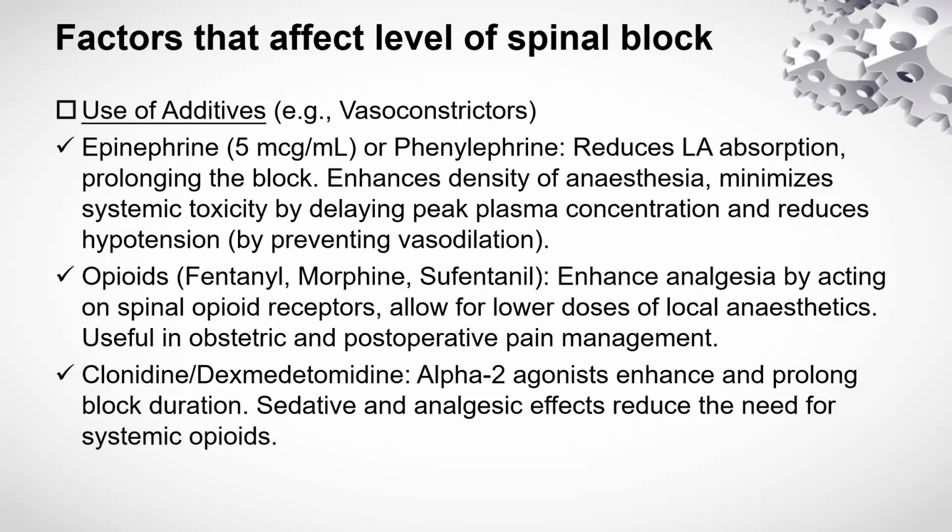Epinephrine or phenylephrine reduce absorption of local anesthetic agent, which prolongs the block. They enhance density of anesthesia, minimize systemic toxicity by delaying the peak plasma concentration, and therefore also reduce the incidence of hypotension. Opioids like fentanyl, morphine, and sufentanil enhance analgesia.